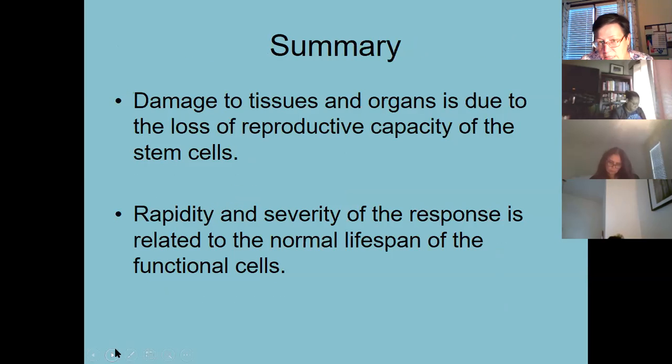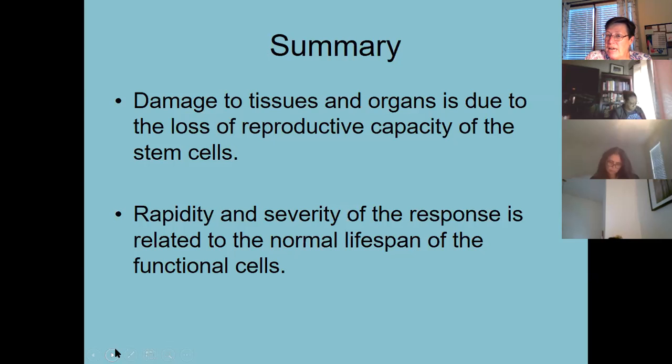So just to summarize, when we think about damage to tissue and organs, the damage primarily occurs in the stem cells. The stem cells are radiosensitive. They are rapidly dividing. They are poorly differentiated, and they are easily damaged by radiation. So they're killed. We kill the stem cells, meaning they can't reproduce.